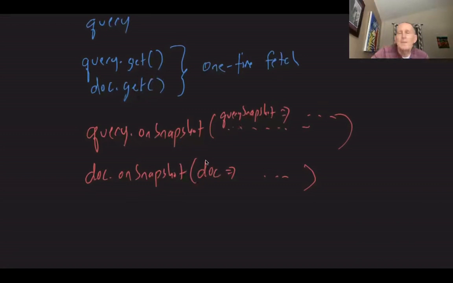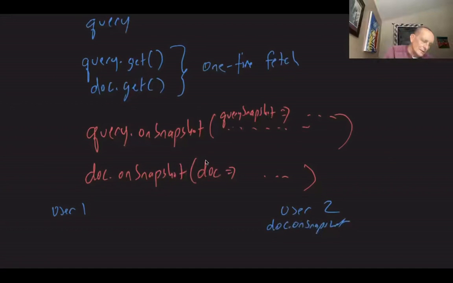document is. Let's say we have our web app deployed and 2 people are editing the same document. If one of them changes the name and the other has registered a snapshot listener, so we've got here user 1 and user 2 has done a doc.onSnapshot.